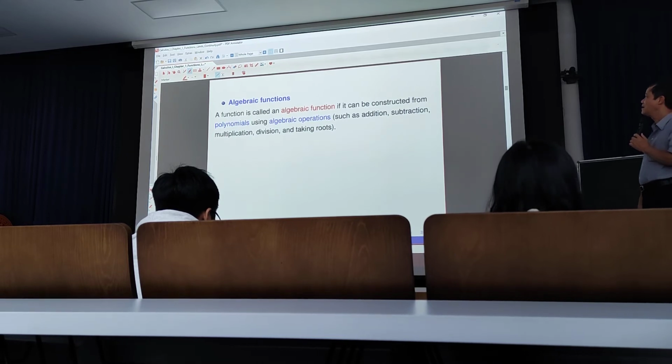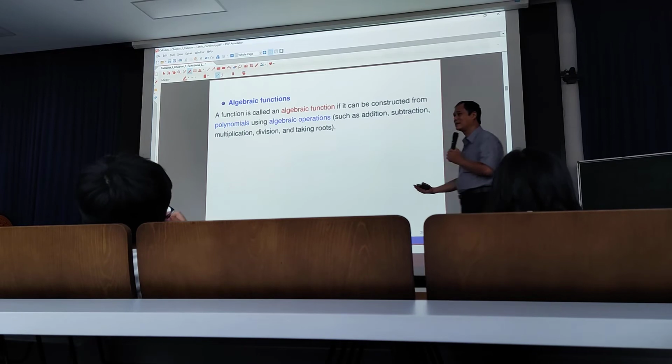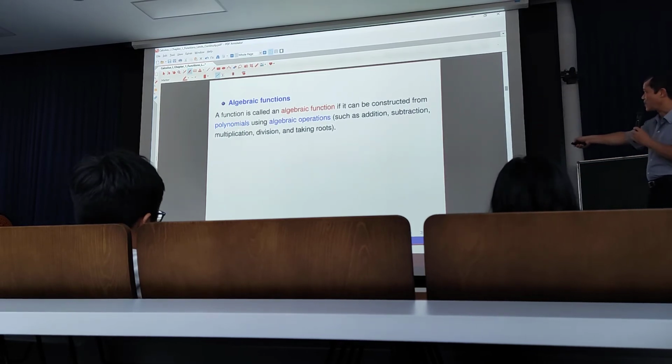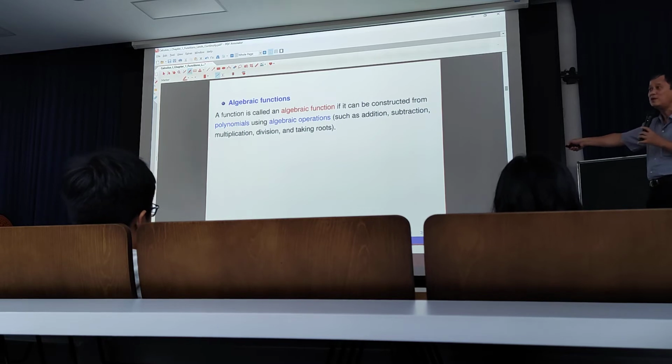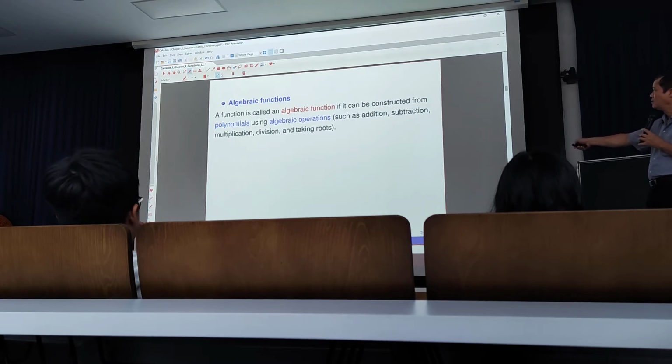Next, algebraic function là các hàm đại số. What is that? A function which can be constructed from polynomials using algebraic operations. Các hàm số mà có thể bằng các phép toán đại số xây dựng từ đa thức mà ra thì nó sẽ gọi là hàm đại số.